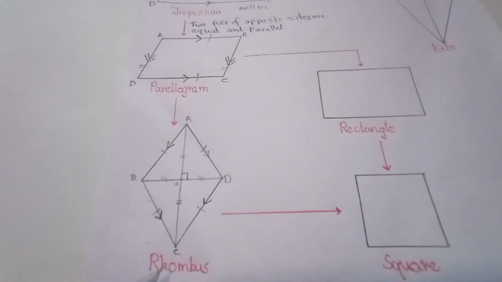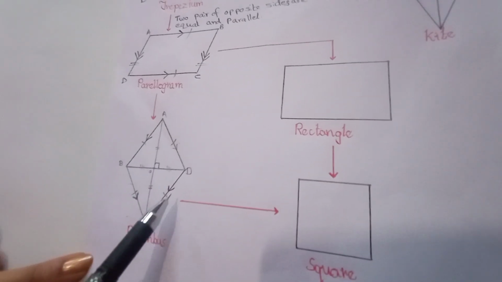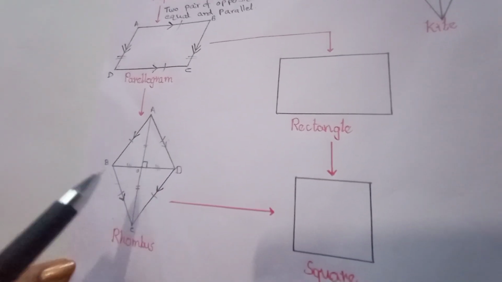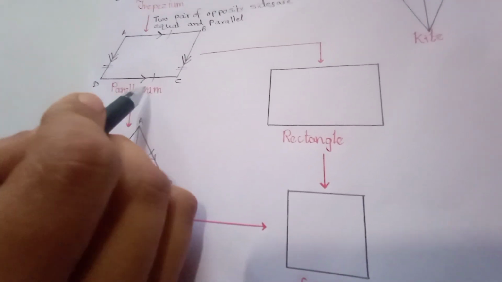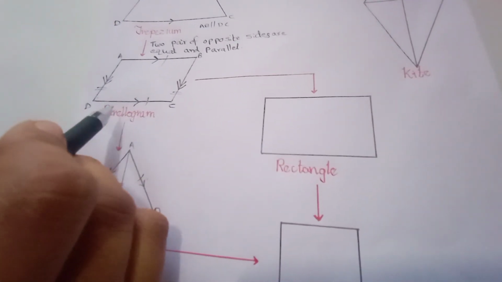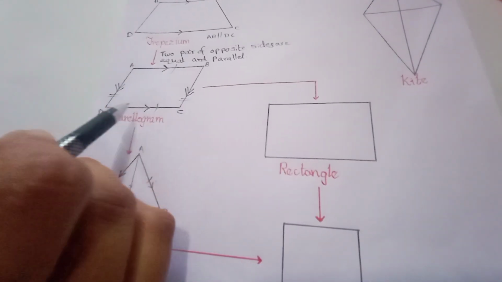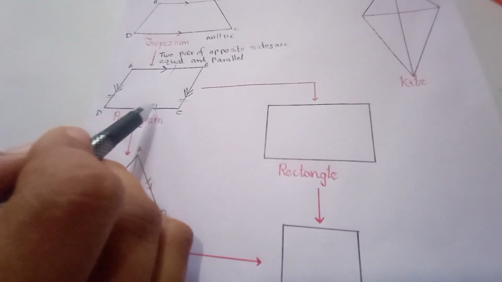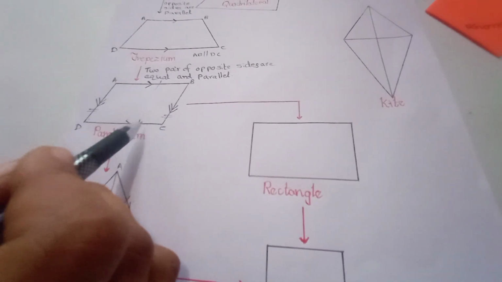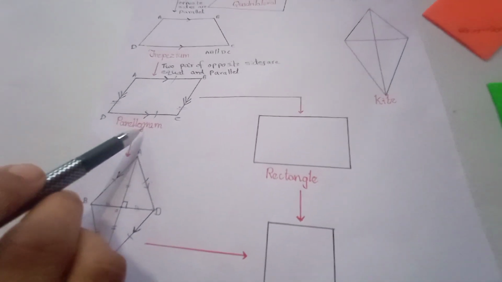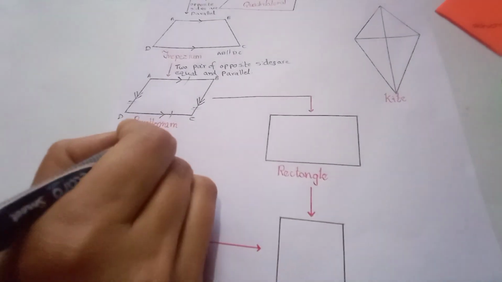This is a rhombus. In a rhombus, all sides are equal. It means if in a parallelogram adjacent sides BC, DC are equal, then the parallelogram becomes a rhombus.